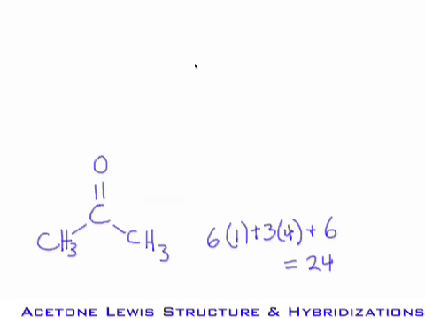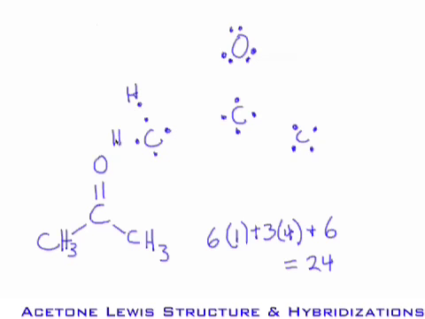So if I start assembling this, oxygen has 6, carbon has 4, carbon has 4, carbon has 4, and then I've got my hydrogens, 1, 1, 1.